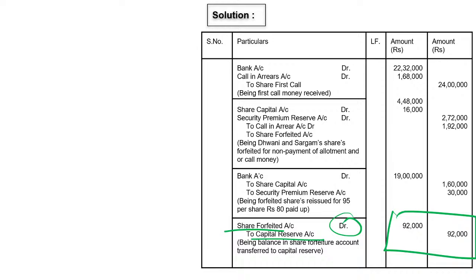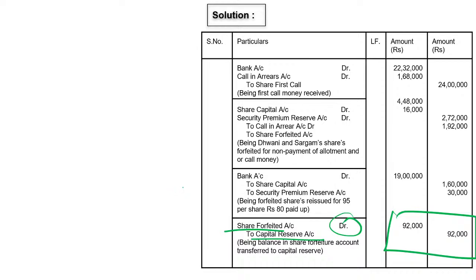So at the end of the question, we have to transfer the balance of share forfeiture to the capital reserve, without which your answer is not complete. So this is a compulsory entry. The balance of share forfeiture 92,000 is transferred to capital reserve.